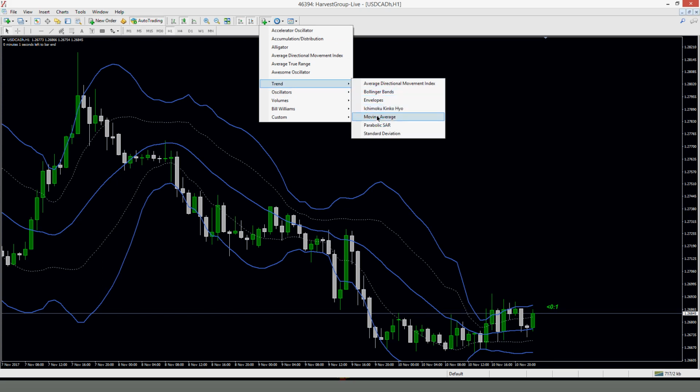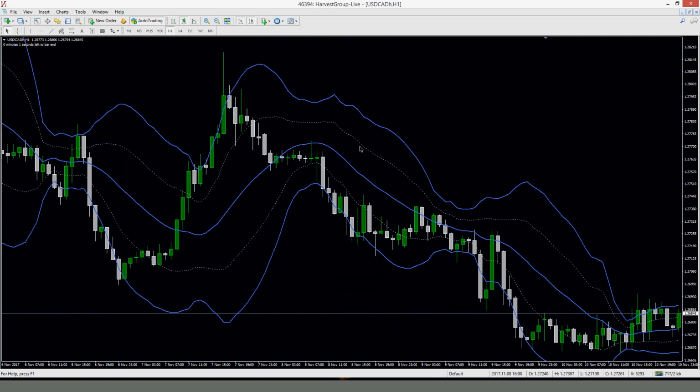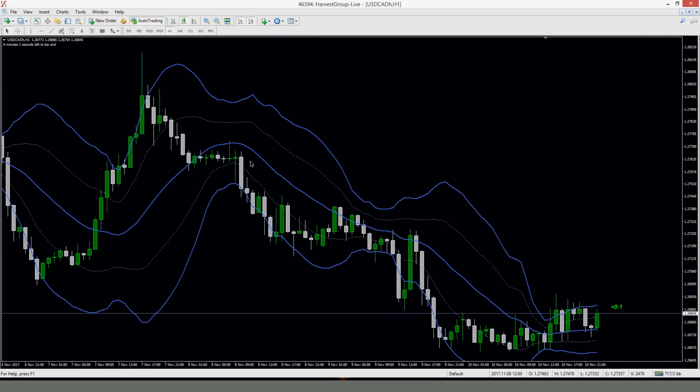You have Bollinger Bands and you have moving average in the same category here, which is trend. So basically these two indicators tell us where the market is going. So it gives us a rough idea where the market is heading.